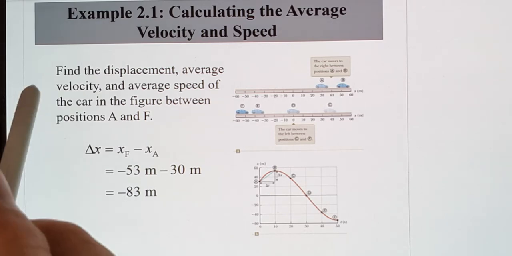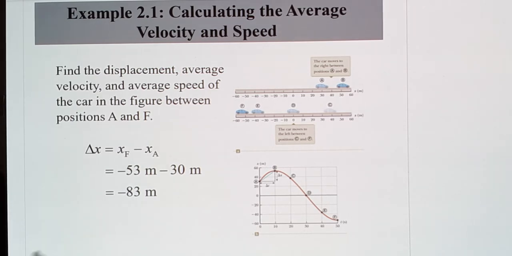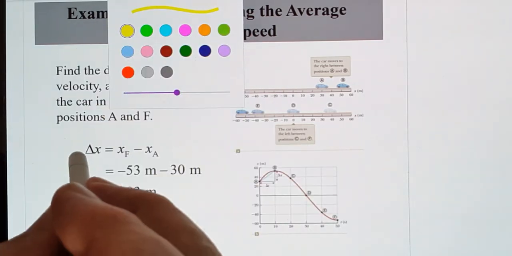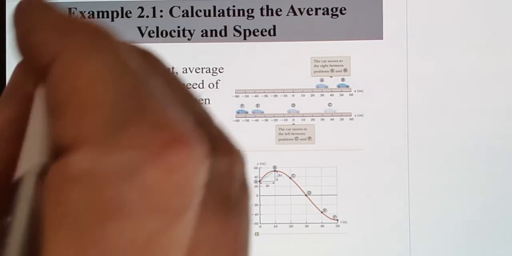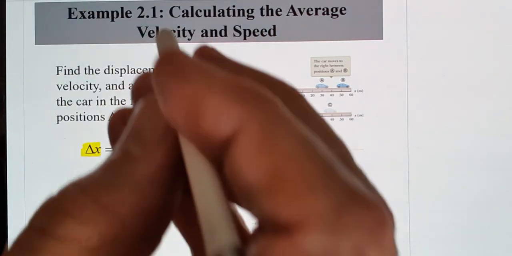Now let's see this example. Find the displacement, average velocity, and average speed of the car in the figure between position A and position F. So this is the displacement.